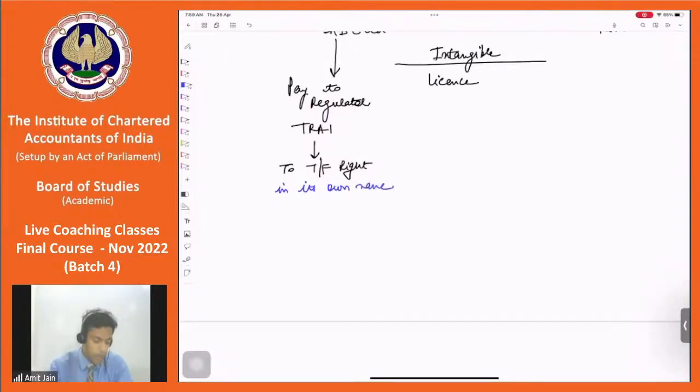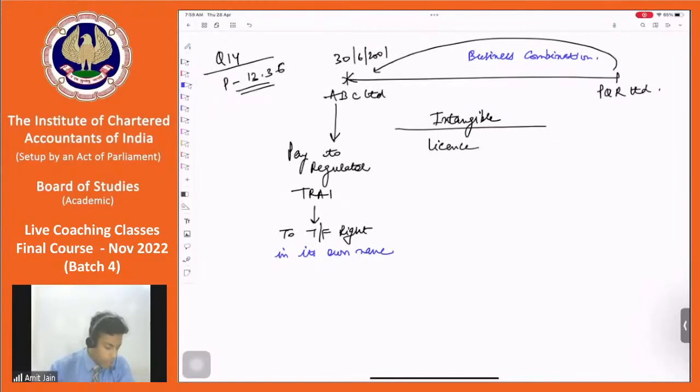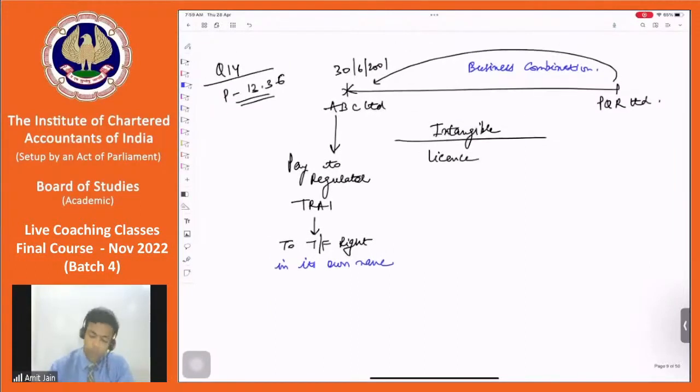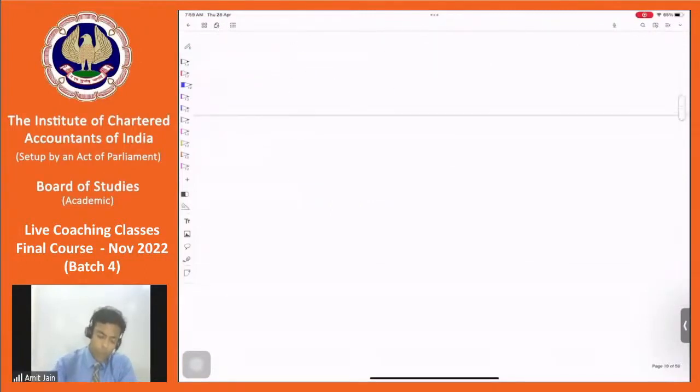Whether such additional payment to a regulator is an acquisition related cost. So this is a case of business combination. Correct? It is written in the question, acquires PQR. It only says acquires. So how should I frame my answer? We don't know whether it's a business or not.